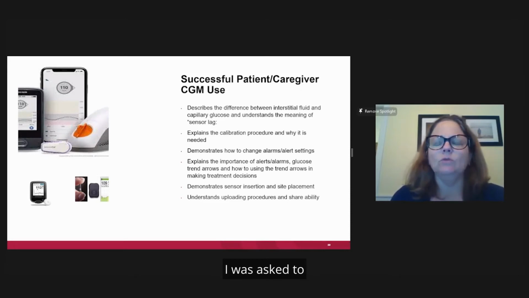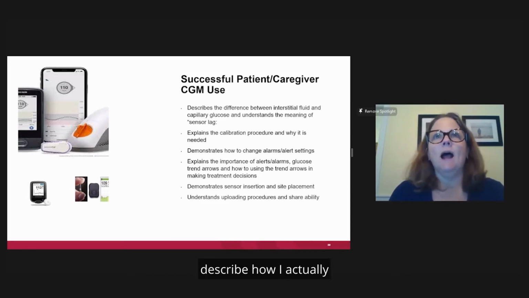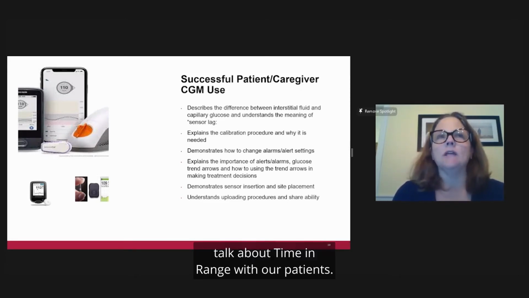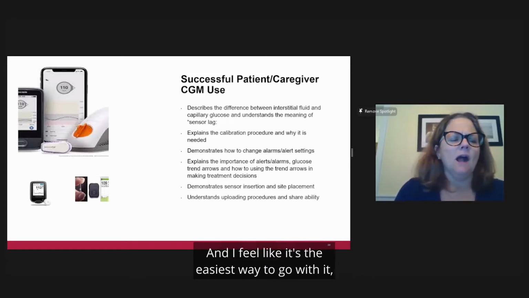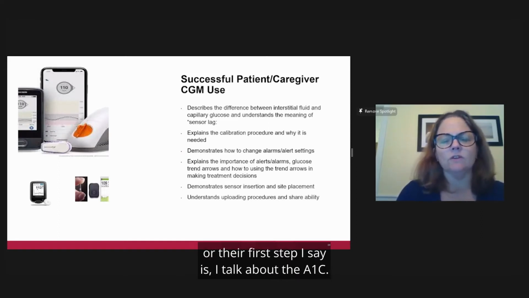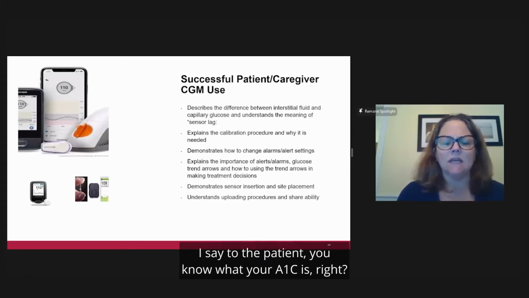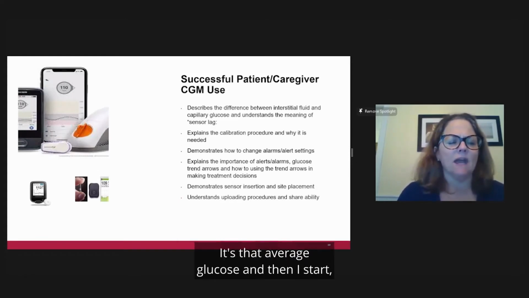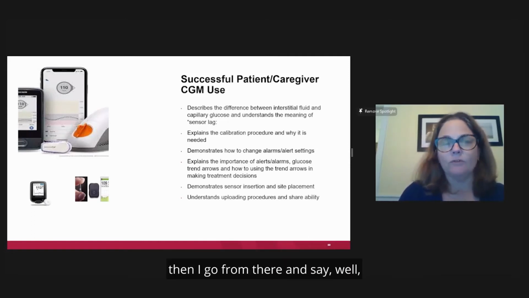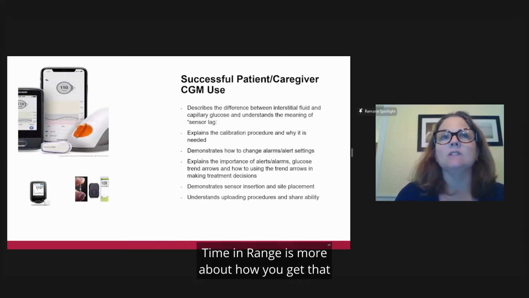I was asked to describe how I actually talk about time in range with our patients, and I feel like the easiest way to go, the first step, is I talk about the A1C. I say to the patient, you know what your A1C is, right? It's that average glucose.